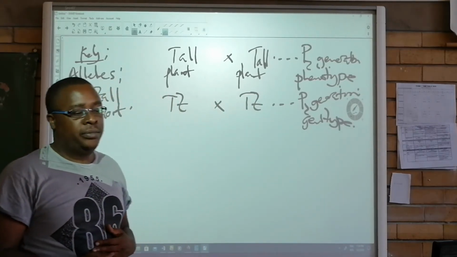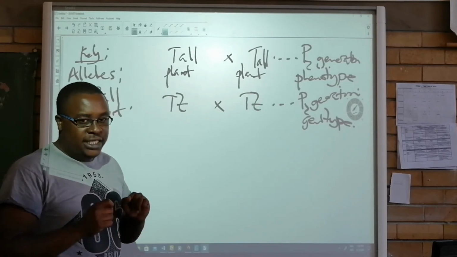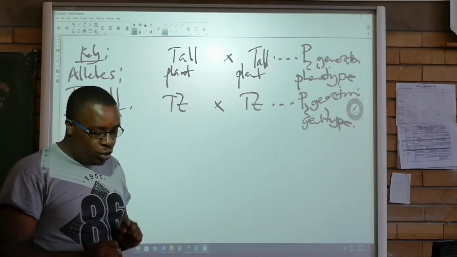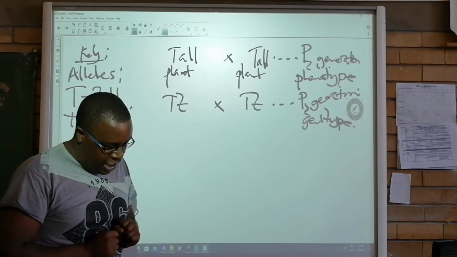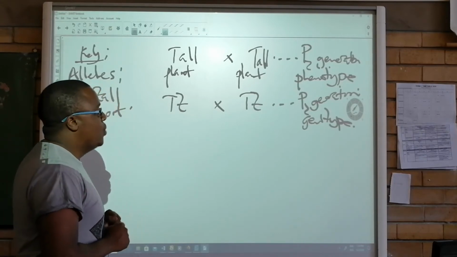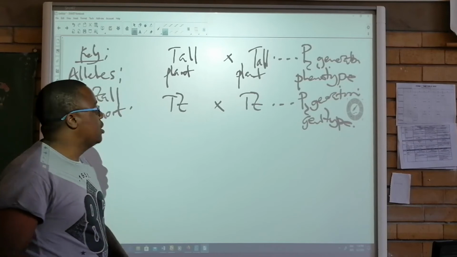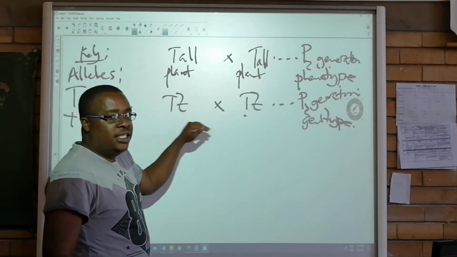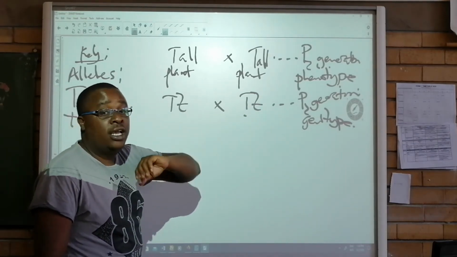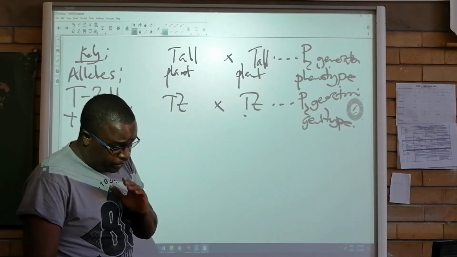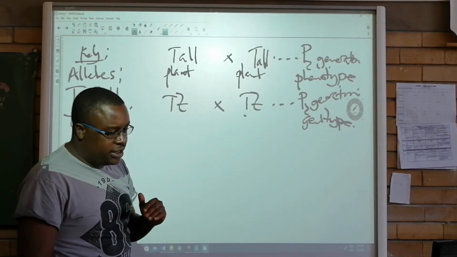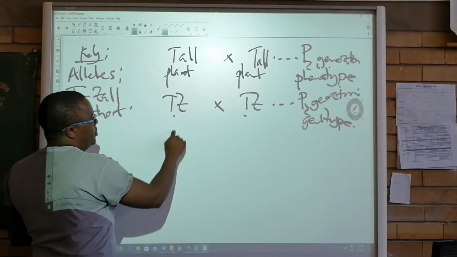Now listen. This is where it gets different from a traditional cross. Are we together? Now, we are using a Punnett square. It's a very simple thing. What is the next stage here? It is meiosis. Meiosis gives you what?